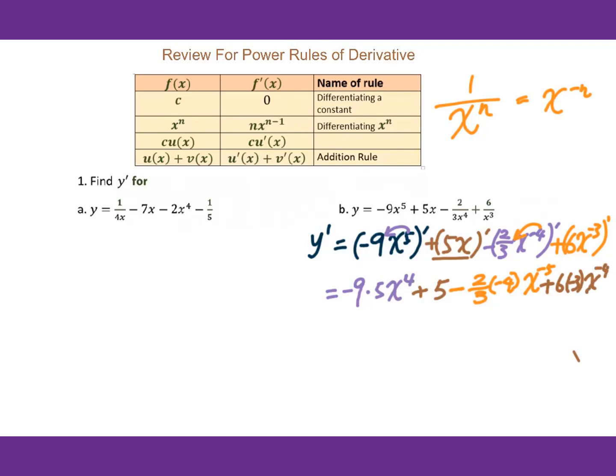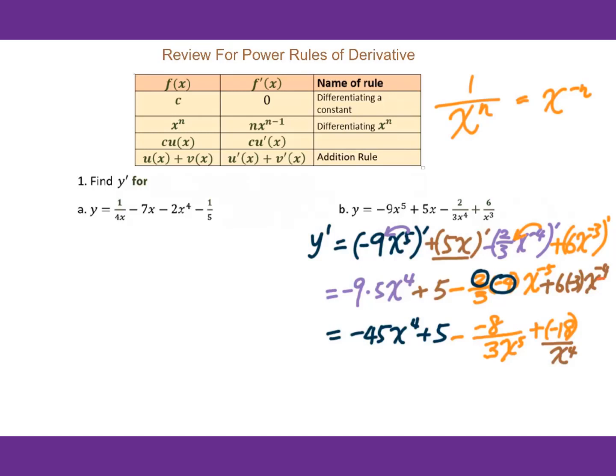Then we organize. You get negative 45x to the fourth power plus 5. Then minus, the denominator will be 3, and 2 times negative 4 is negative 8, then x to the fifth power, plus negative 18 over x to the fourth power.